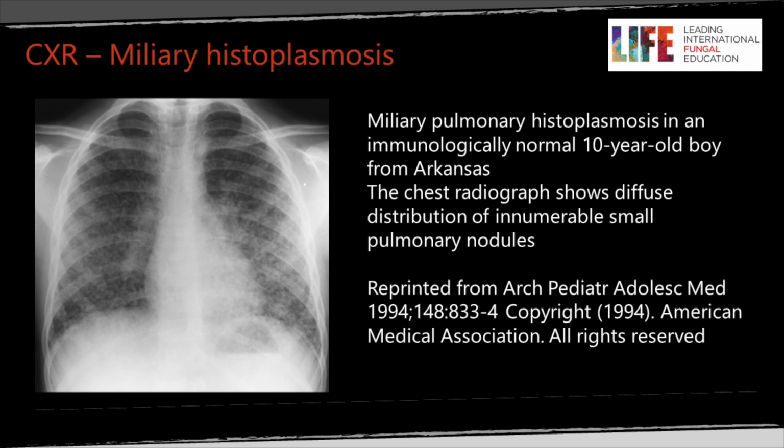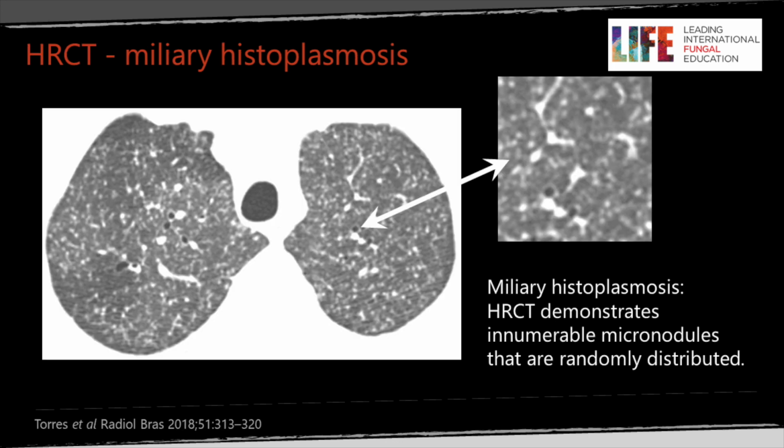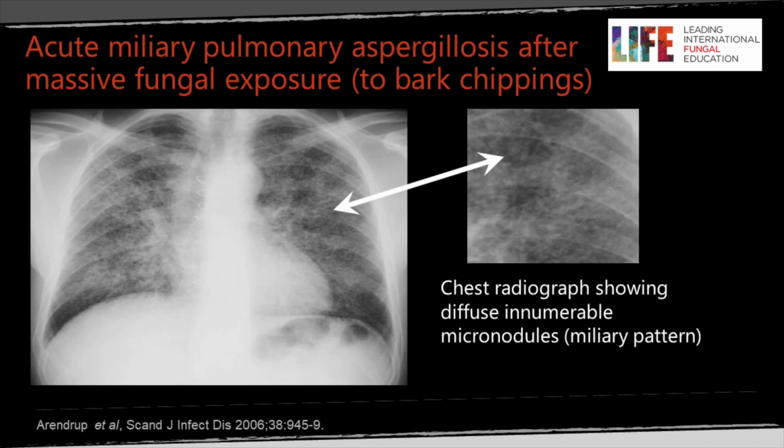Here's a youngster with numerous small nodules in both lungs. A CT scan shows a similar sort of effect to that we've seen with miliary tuberculosis. This is a slightly unusual presentation of a patient who's had a massive exposure to fungal organisms due to working with bark chippings.